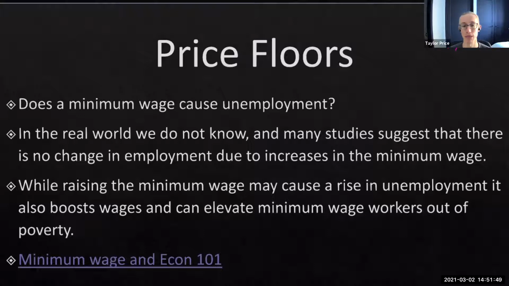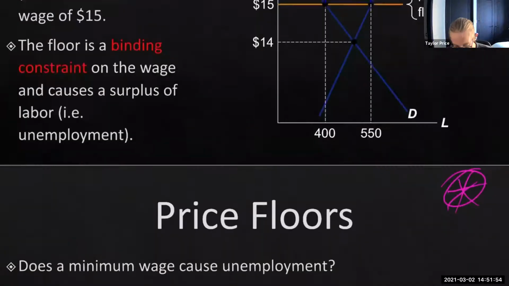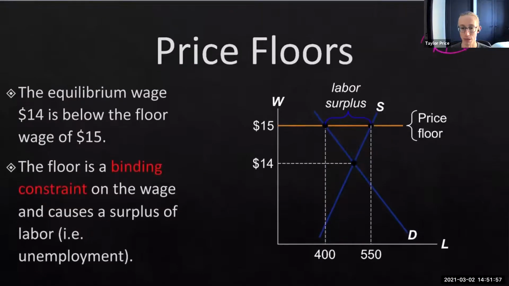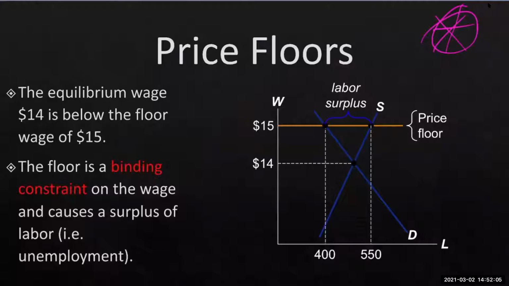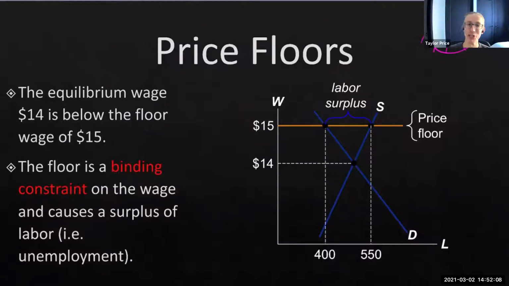That's an important piece to think about, because when we think about minimum wage, a lot of times people think about this specific example right here and say, oh, well, this must be true all the time. A lot of times what we teach in introductory microeconomics is not actually true in the real world, just because we simplify it so much. This is a really important example of how one of the things that we teach is not really true in the real world. So just an important piece to keep in mind.